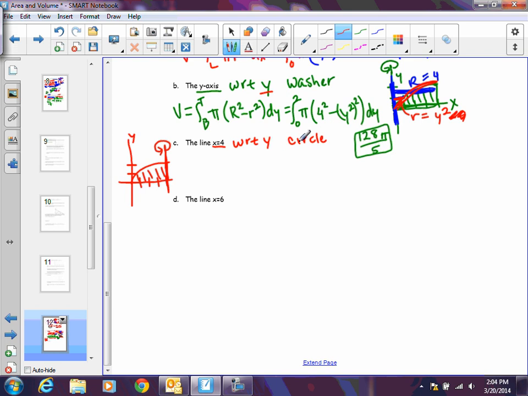All right, these two pieces of information here tell us how to set up the problem. So with respect to y means we do bottom to top integration. The circle part means we just do pi little r squared. And again, with respect to y means dy. You've gotten half the points if you can get this far.